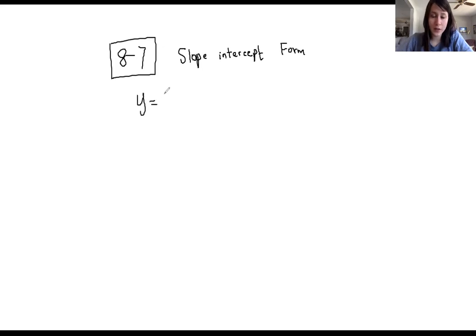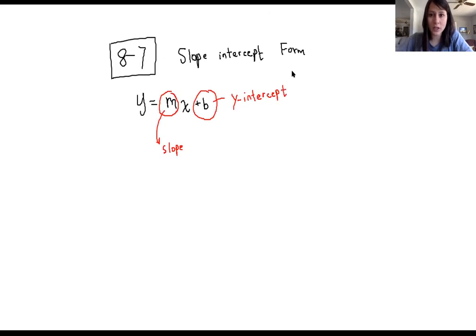The equation was y equals mx plus b. We talked about how m represents the slope and b represents the intercept on the y-axis. So we call that the y-intercept, where it crosses on the y-axis.